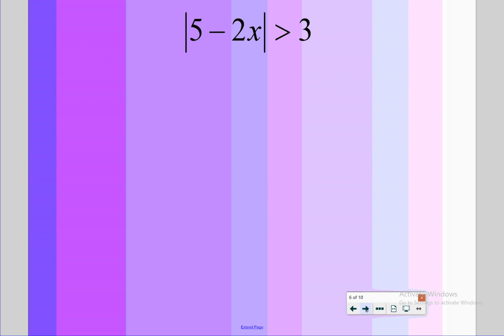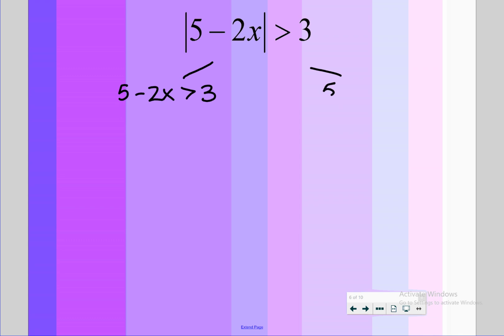5 minus 2x, and so my absolute value of that is greater than 3. Okay, absolute value is alone. Nothing added, subtracted, multiplied, or divided by it. So we're ready to split it into our two pieces. So 5 minus 2x is either greater than 3, same as my original problem.